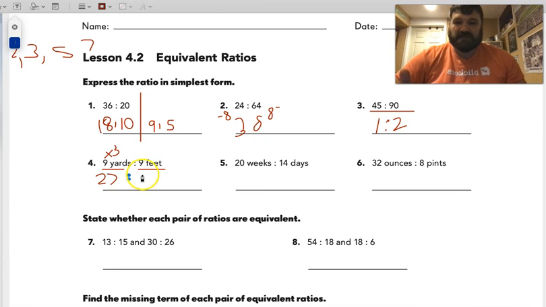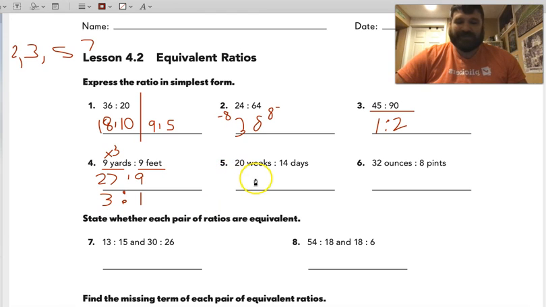And this would stay feet because it's still 9. So again, we could simplify this because 9 goes into 9 once, and 9 goes into 27 3 times. So basically, for every 1 foot, there's 3 feet. And that's that ratio.